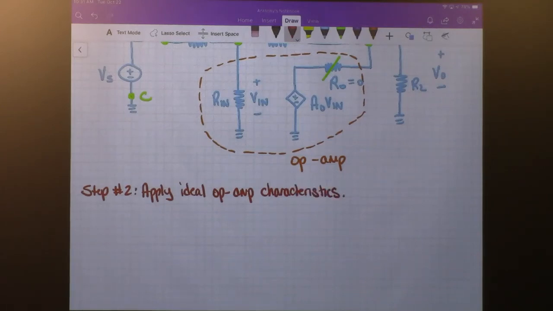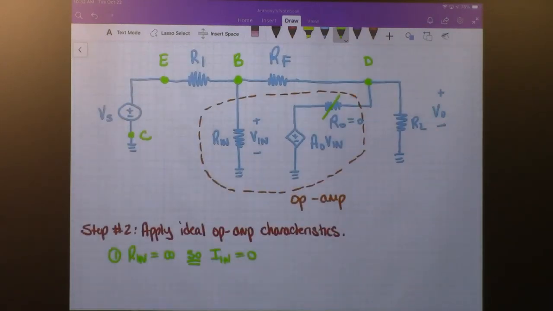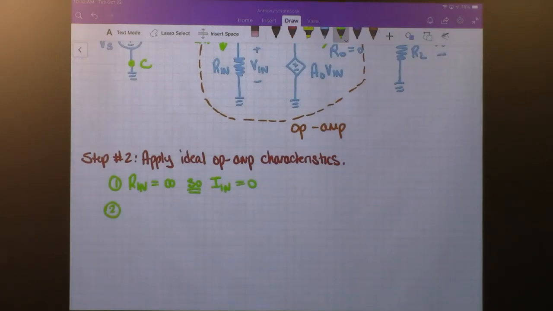Let's apply the ideal op-amp characteristics here. One relevant one is that R in, we've already said, should be equal to infinity, so I in will be equal to 0. I in up here would look like that. Second is that our R out is equal to 0.